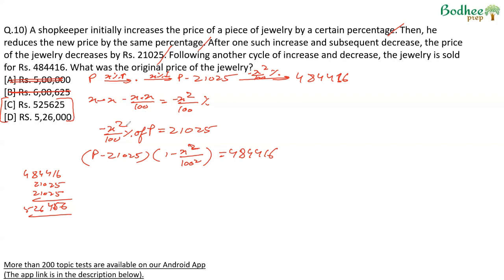Now we can solve X square and P to get the answer. What I am doing is I am trying to factorize. So I write this as X square upon 100 square into P is equal to 21025.